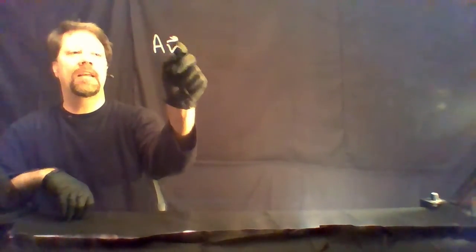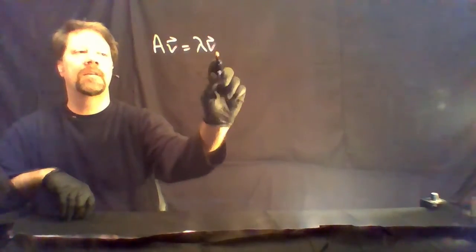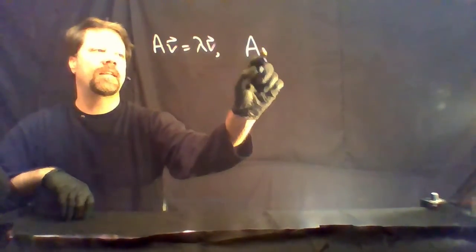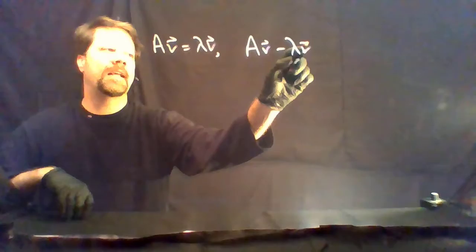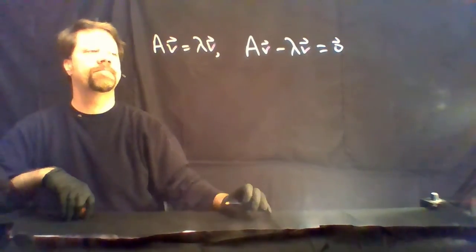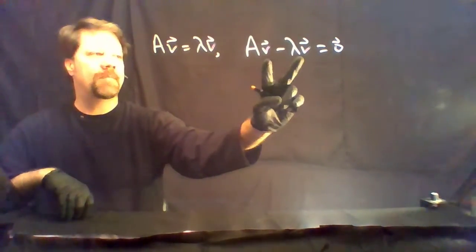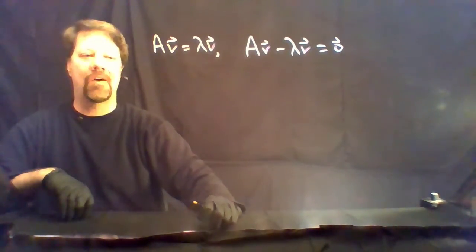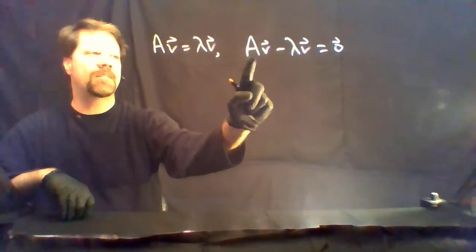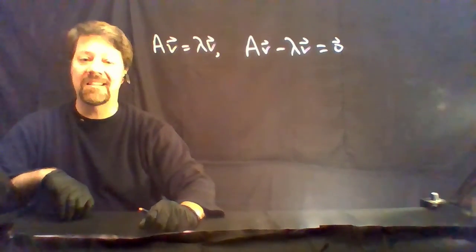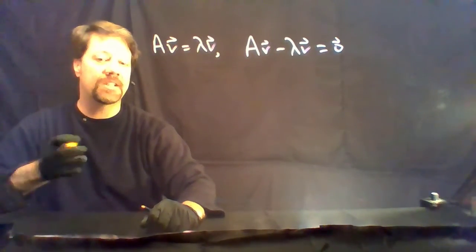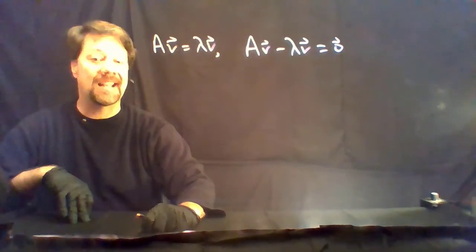This whole idea is going to be moot if we can't find a simple way to solve for eigenvalues and eigenvectors. Keeping in mind Av equals lambda v, let's rewrite this as Av minus lambda v is the zero vector. It might be tempting to factor v out right now, but you can't, because A is a matrix and lambda is a scalar, and matrices minus scalars, that subtraction is not defined.